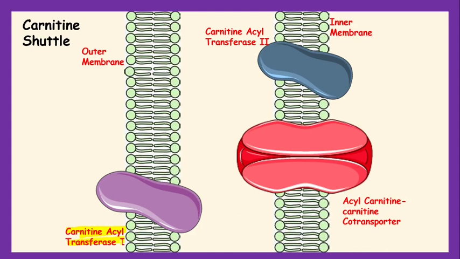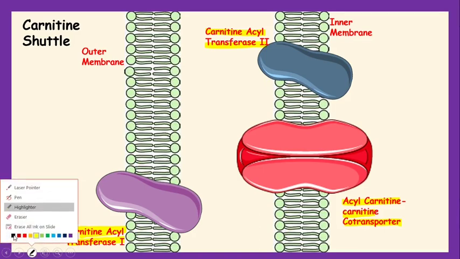Then we have one transporter, particularly a co-transporter, which is known as acyl carnitine cotransporter, right? And we have another enzyme, that is carnitine acyl transferase 2. These two, carnitine acyl transferase 2 and acyl carnitine cotransporter, are present on the inner membrane of the mitochondria. Now let us see how they help in transfer of fatty acid.